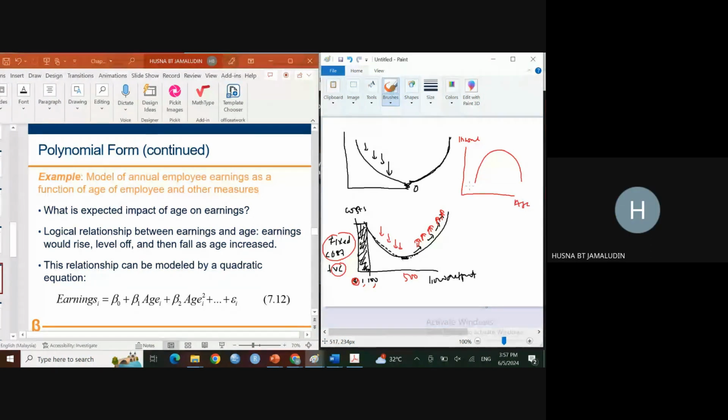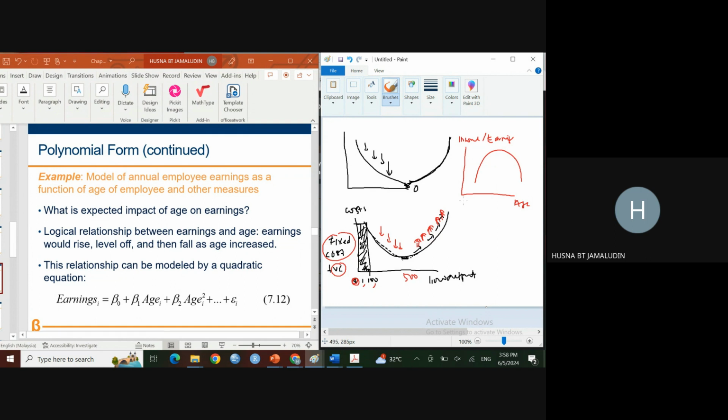Let me see whether your age and earning, or I put income, are the same thing. Idham said that age and income have an inverted U-shaped curve. Let's see how we explain it. Is it really inverted?